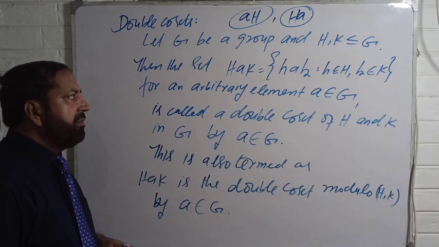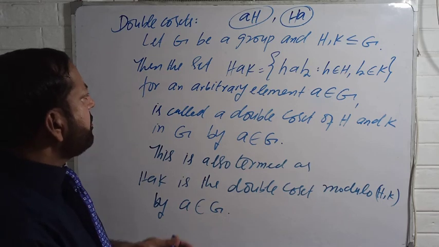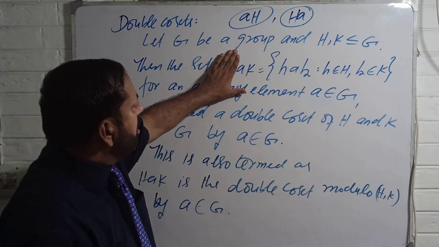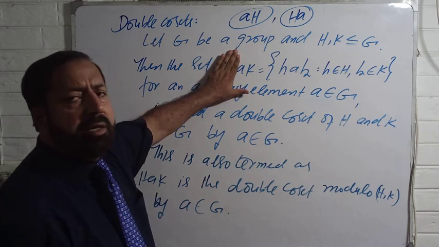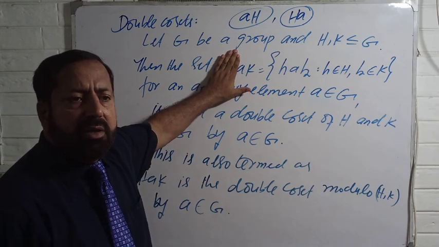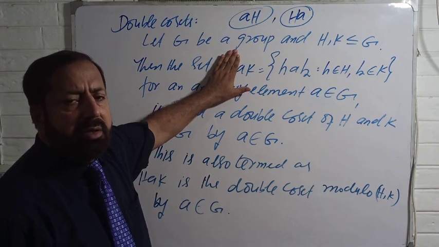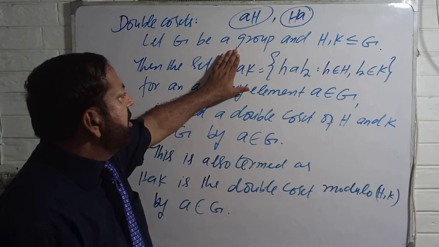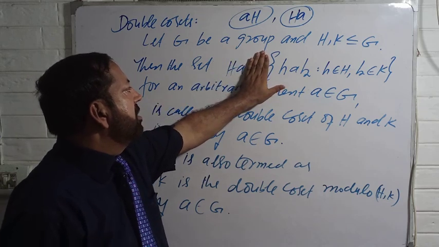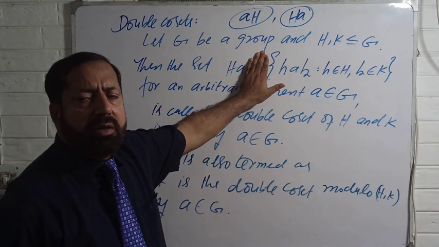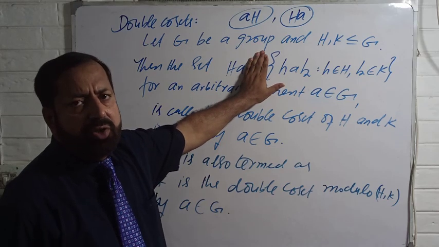This is the idea. If you see here, aK is in fact the idea of left coset of K in G by a. Similarly, Ha is in fact the idea of right coset of H in G by a.